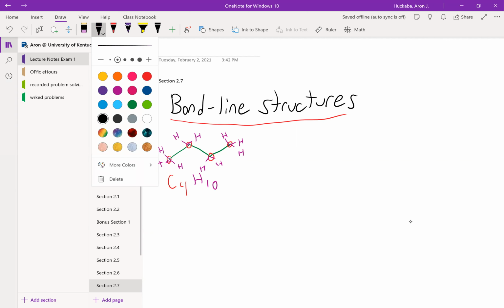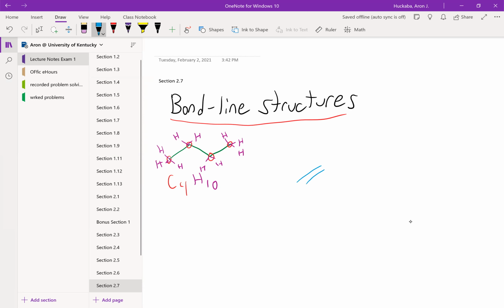So another way that bond line structures struggle is in multiple bonds, like a double bond. In multiple bonds, what we see is that there are 2 bonds there signifying that there are 2 p orbitals that are being used to make a pi bond. Well, that's all fine and good.